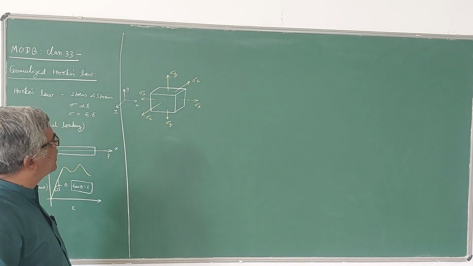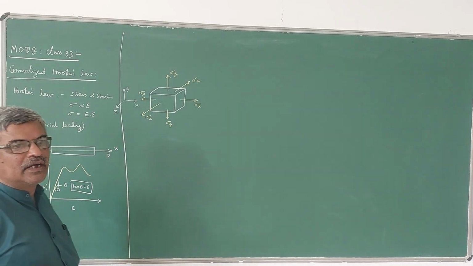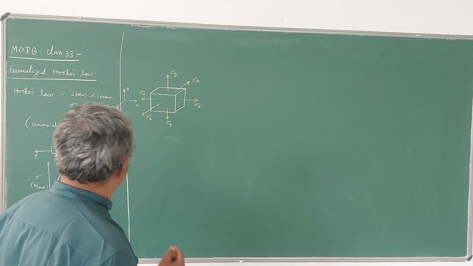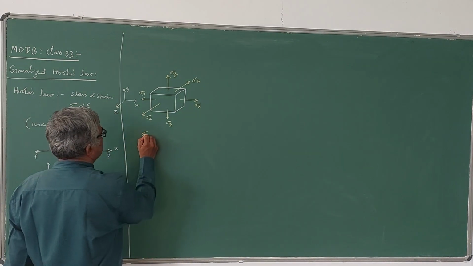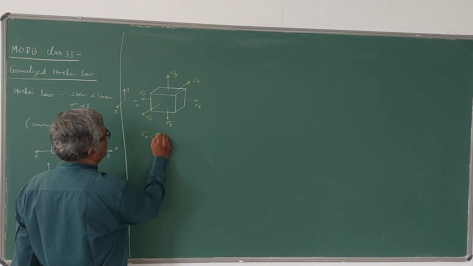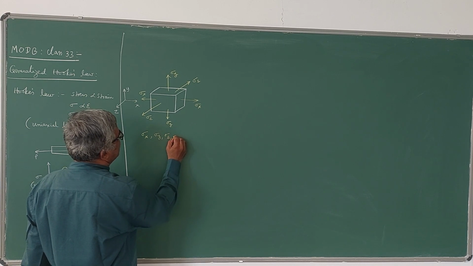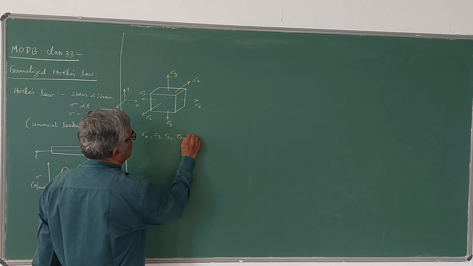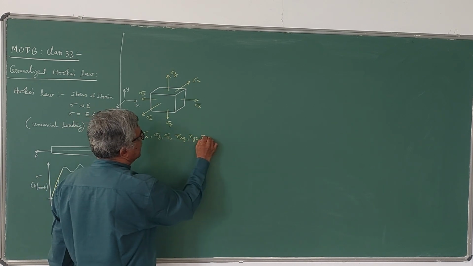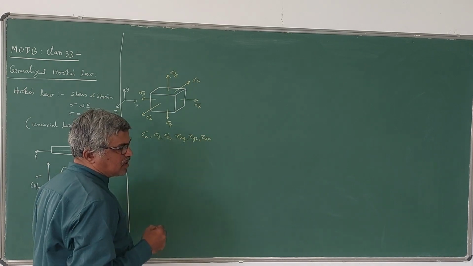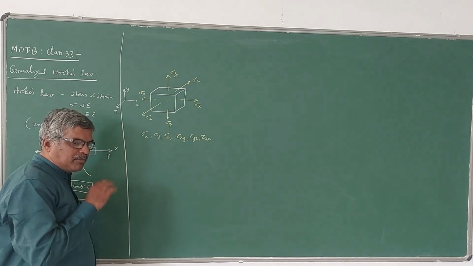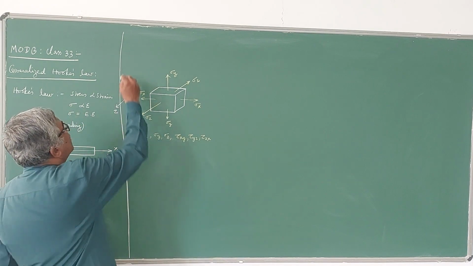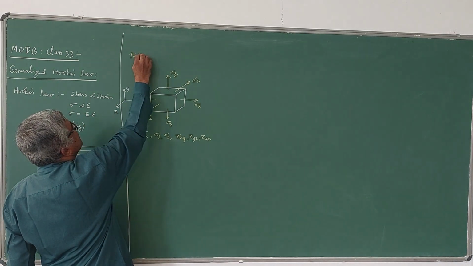So at a point, we will be having 6 stress components: sigma x, sigma y, sigma z, tau xy, tau yz, and tau zx. These are the 6 components of stresses at a point when it is subjected to a triaxial stress system.